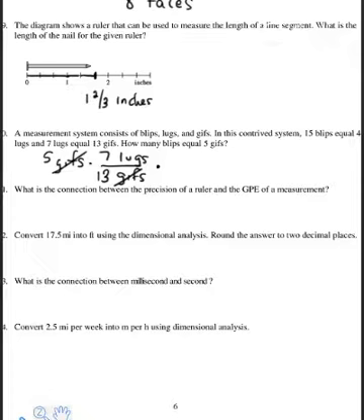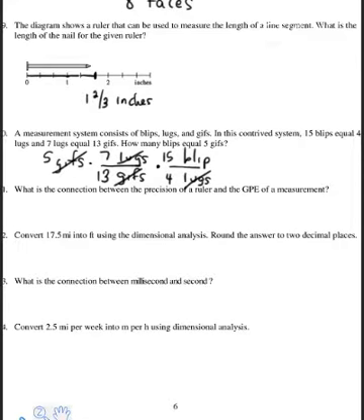I want to be in blips. So I've got to multiply by 1 more conversion factor here. I want to cancel lugs this time, so lugs is going to go on the bottom and blips goes on the top. So 15 blips equals 4 lugs. So now the lugs unit of measure is gone and we are in blips.